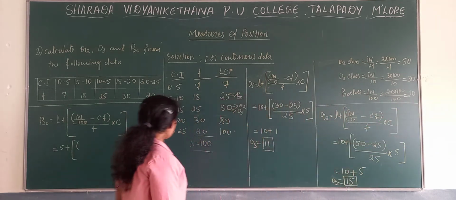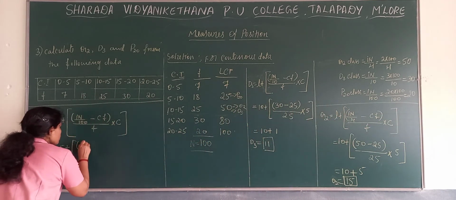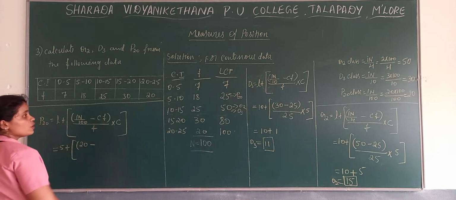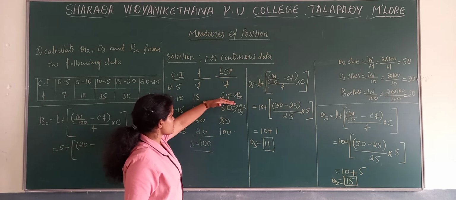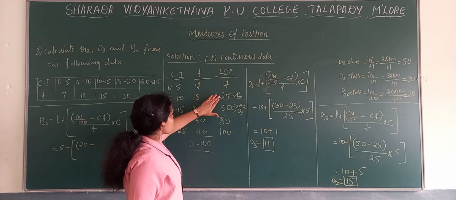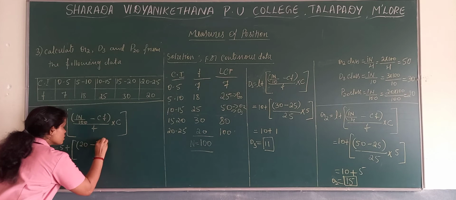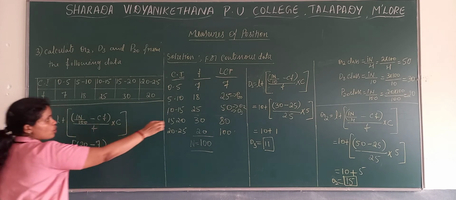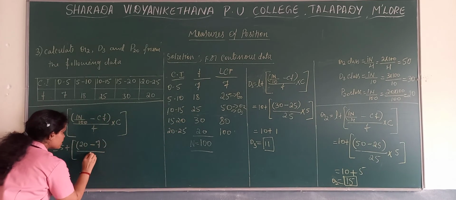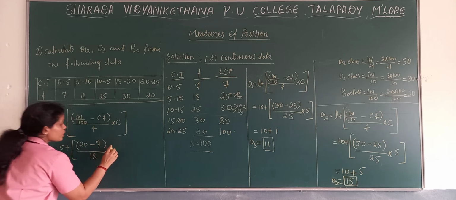So 20 minus the cumulative frequency preceding the class. This is your percentile class, so the preceding cumulative frequency is 7. 7 divided by the frequency of the class. The frequency is 18, into width 5.